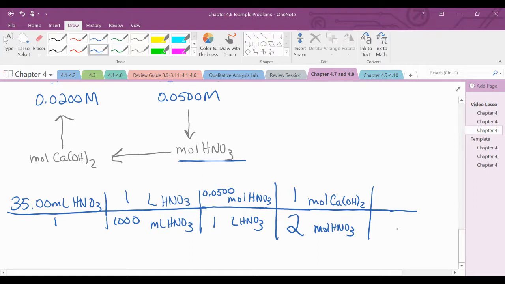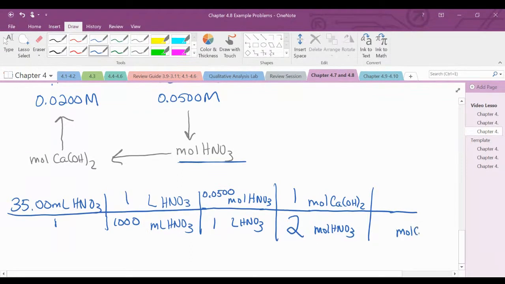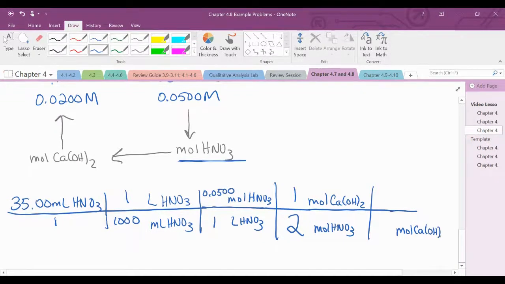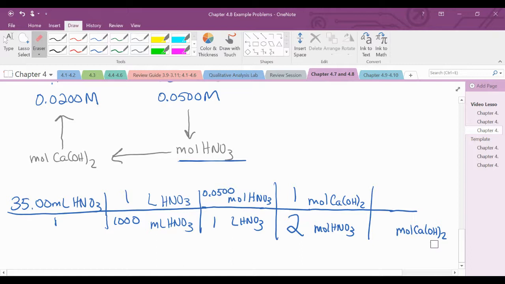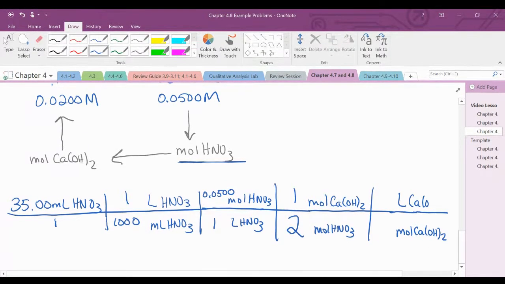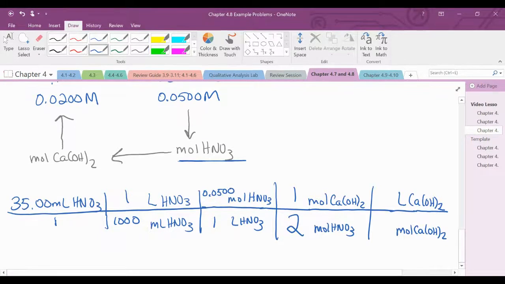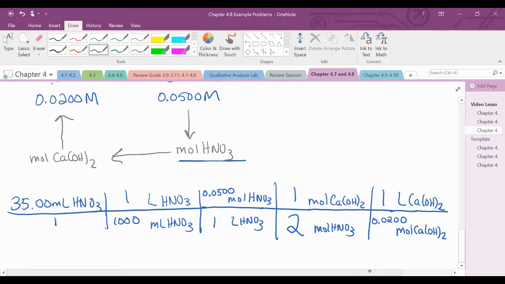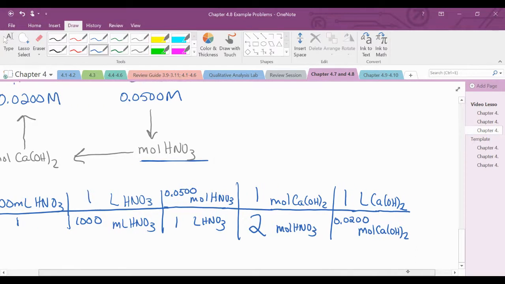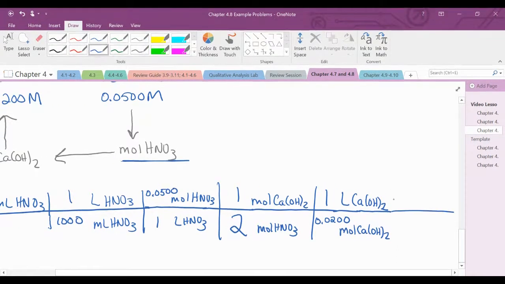Then I can convert from moles of calcium hydroxide to liters of calcium hydroxide, which is the molarity. 1 liter is 0.0200 moles. And then finally, I'm going to convert back to milliliters.